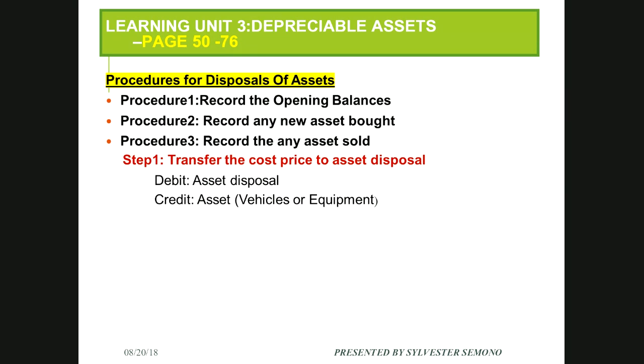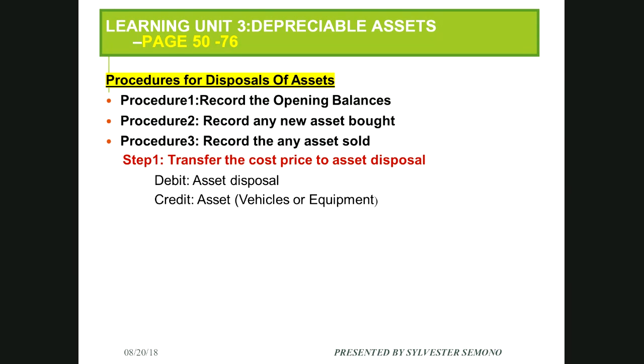Again here, as you can see, let's just go through the procedures quickly. Procedure number 1: firstly, we need to record the opening balance. Obviously, opening balances are given, and normally the opening balances come from the previous year.